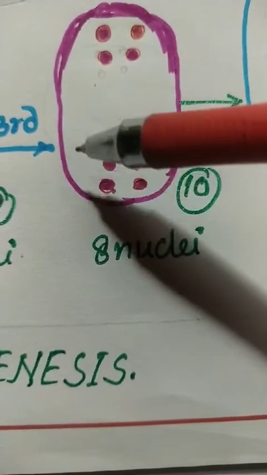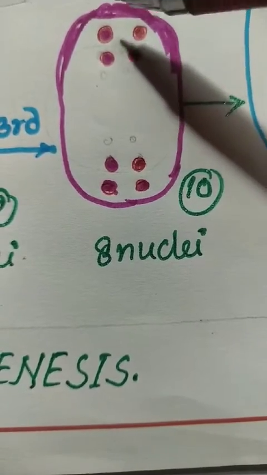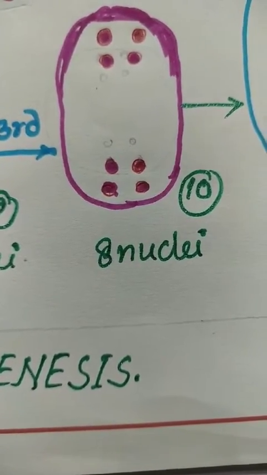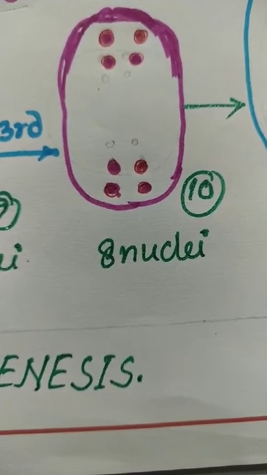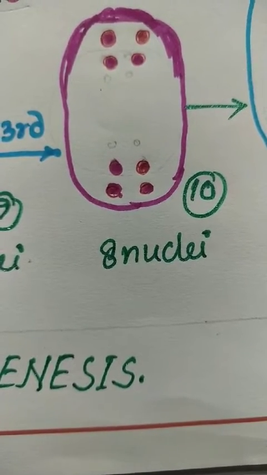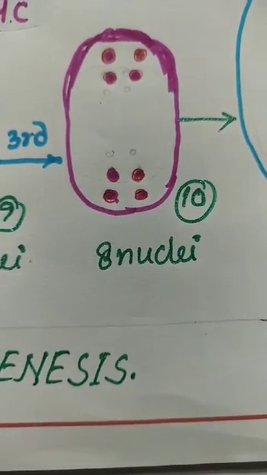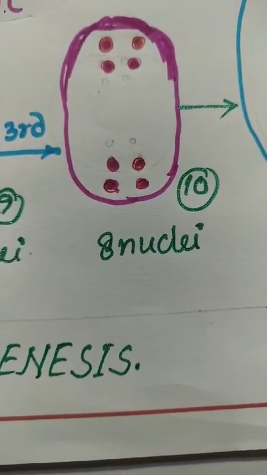This is the 8 nuclei or 8 nucleate stage. Remember, the functional megaspore undergoes 3 pre-nuclear mitotic divisions and finally produces an 8 nucleate structure.